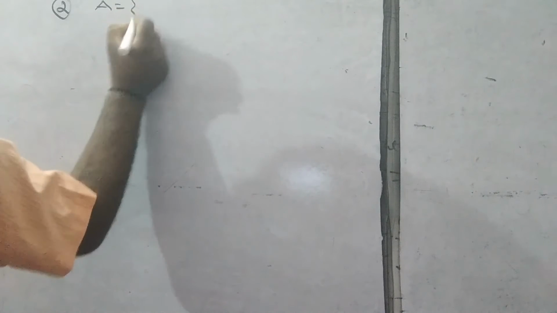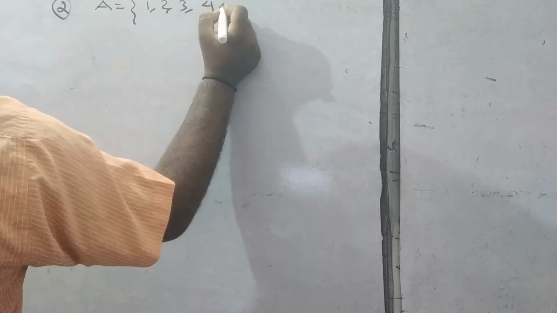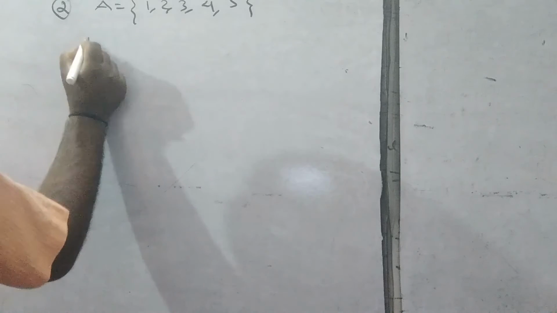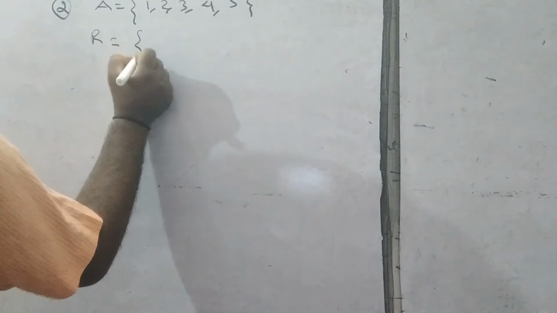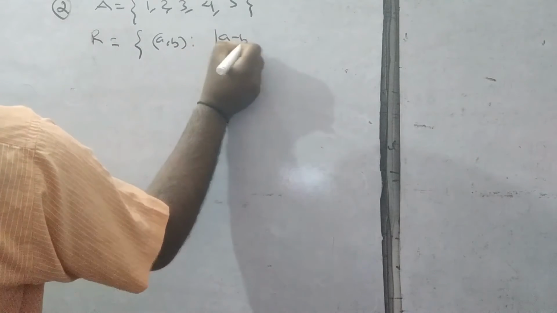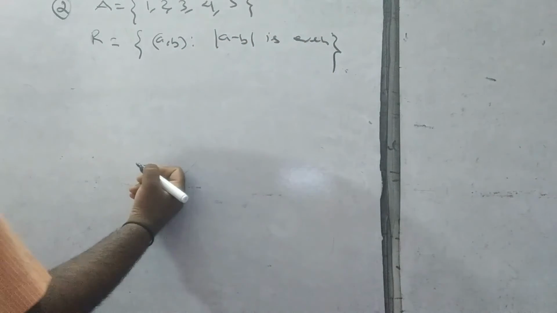Next question, the second one. Set A is given as {1, 2, 3, 4, 5}. The relation is given as R = {(a, b)} such that |a - b| is even.